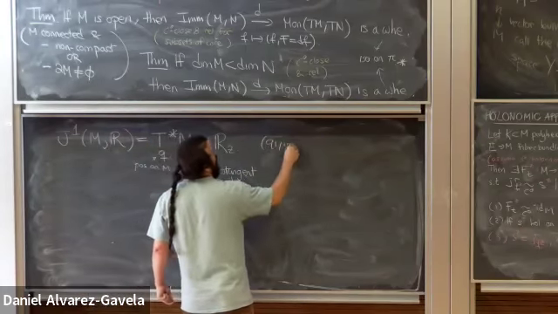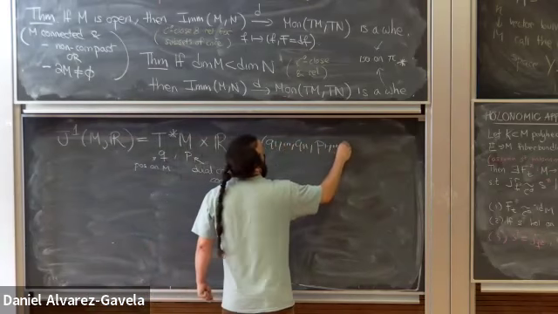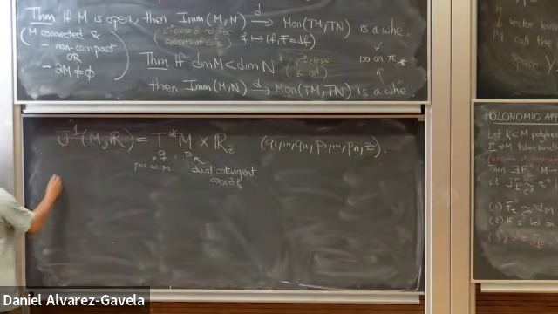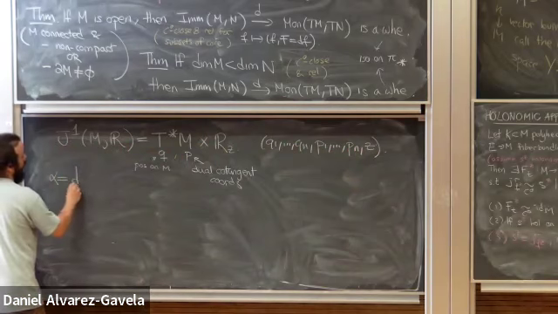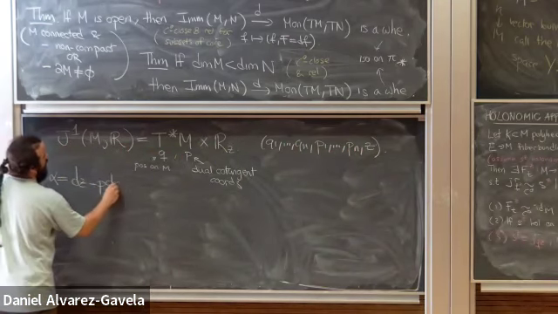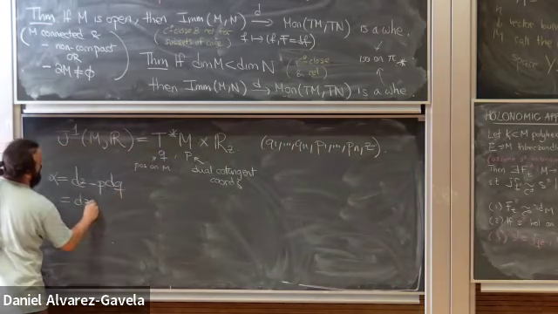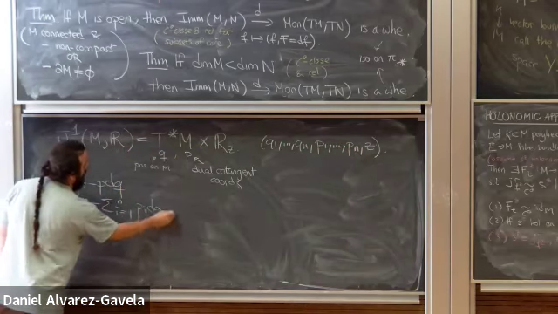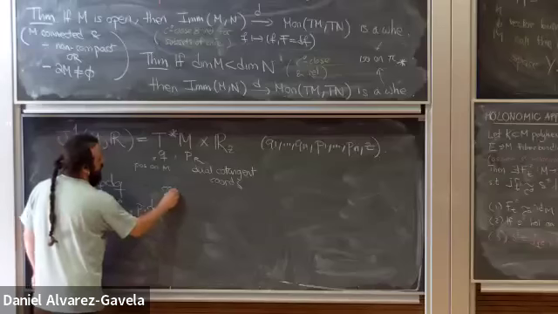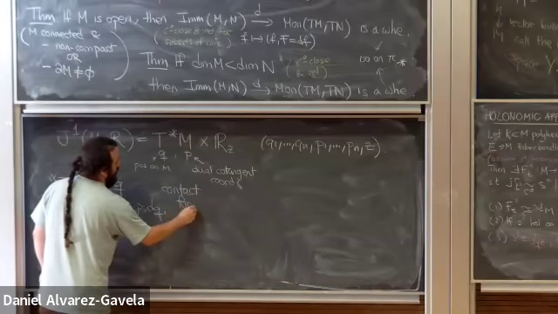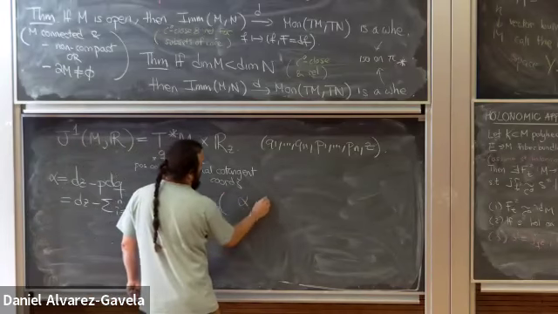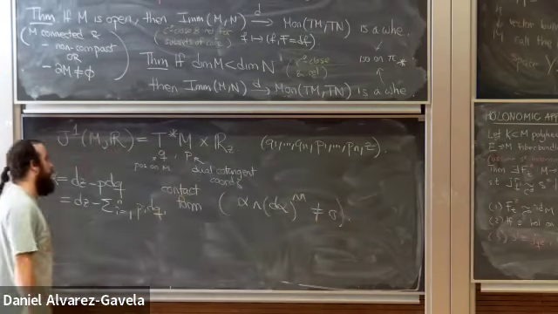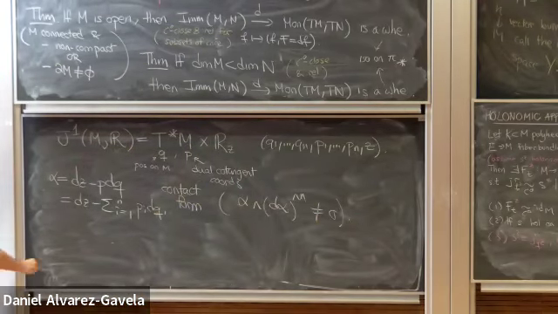So the space has coordinates q1 to qn, p1 to pn, and z. On this object there is a differential one form, dz minus p dq, which means dz minus the sum over i from 1 to n of p_i dq_i. We call this the standard contact form. It's a contact form because it satisfies the property of non-degeneracy, maximal non-integrability.